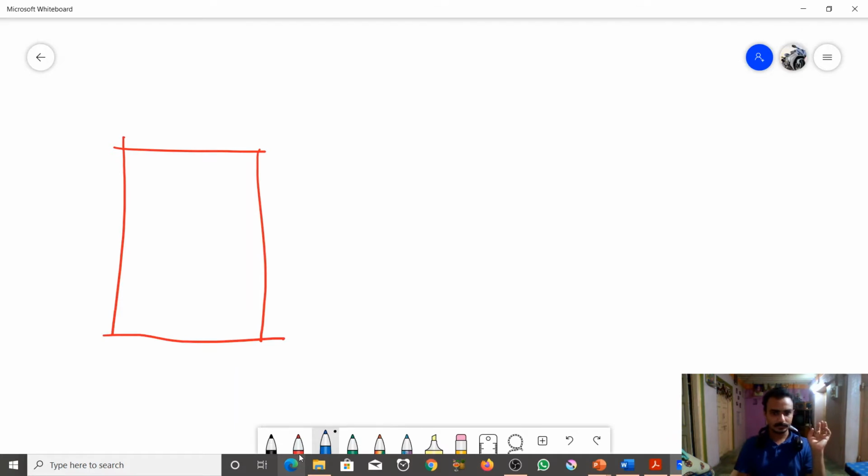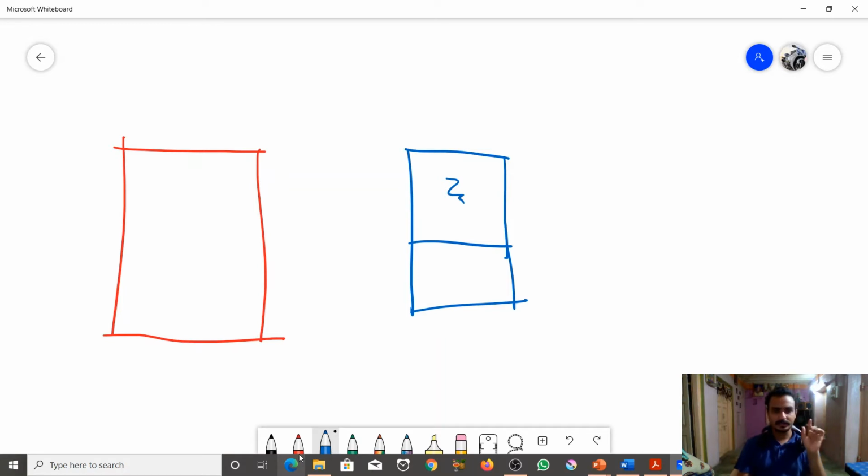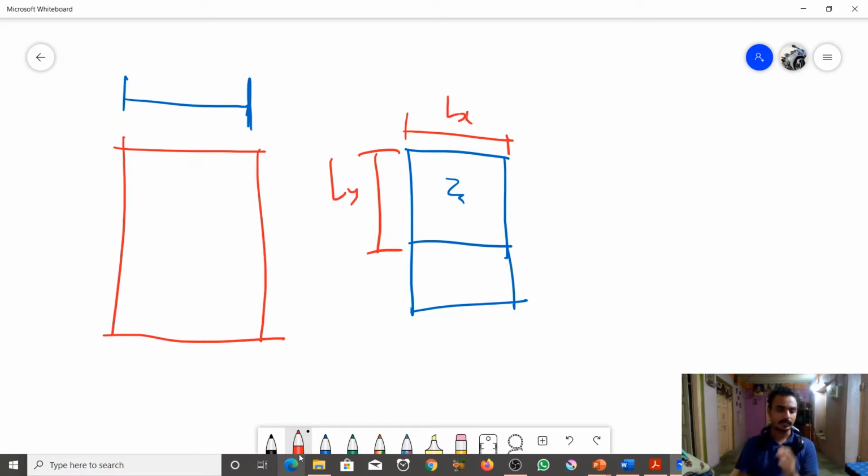This is the one-way slab. This is the two-way slab. But for the two-way slab, we have to find the effective span in both directions, Ly and Lx.